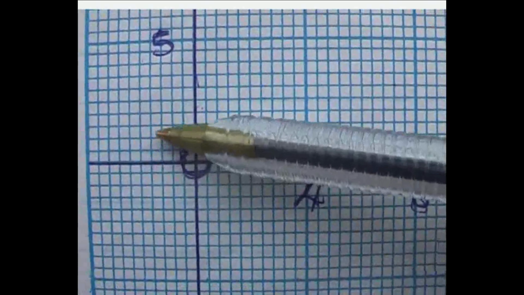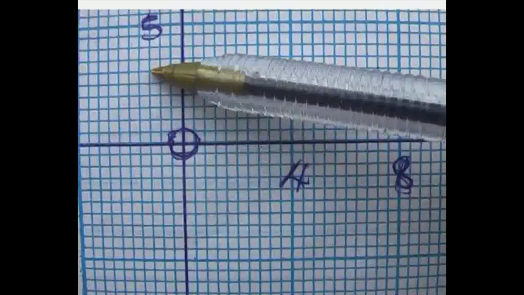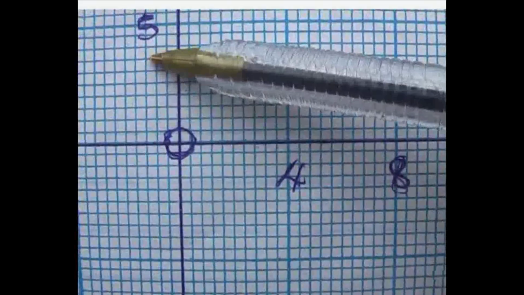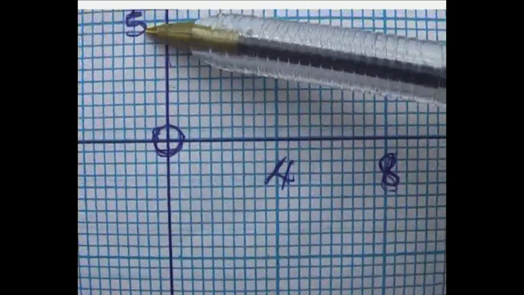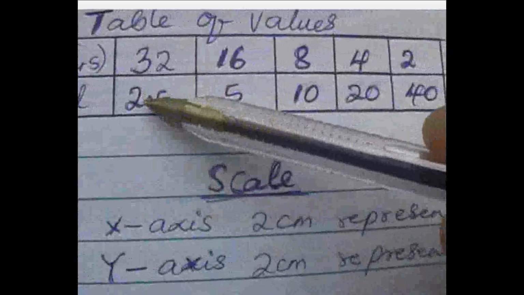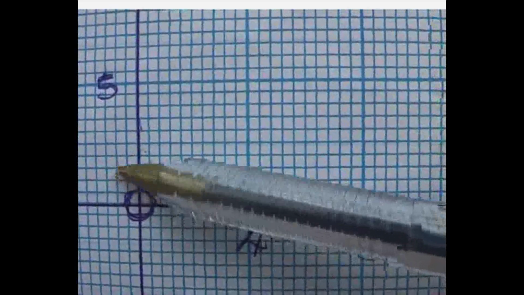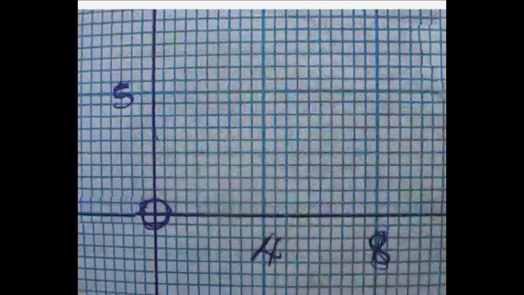1, 1.5, 2, 2.5, 3, 3.5, 4, 4.5, and then 5. So that means the 2.5, which we are going to plot against 32, is not going to be from 0 here, 0.5, 1, 1.5, 2, 2.5.